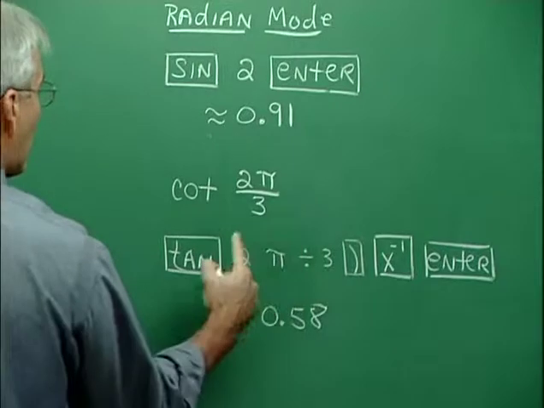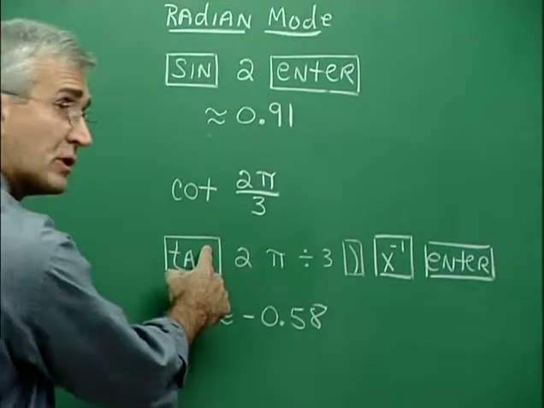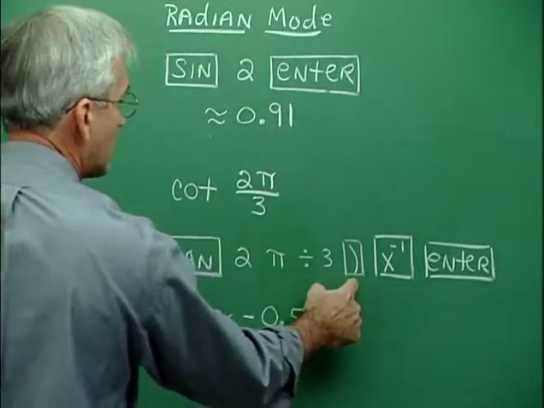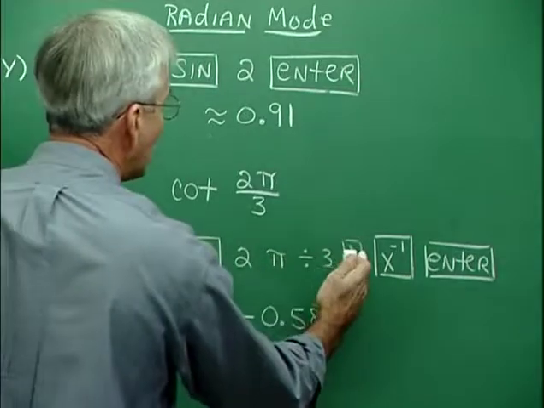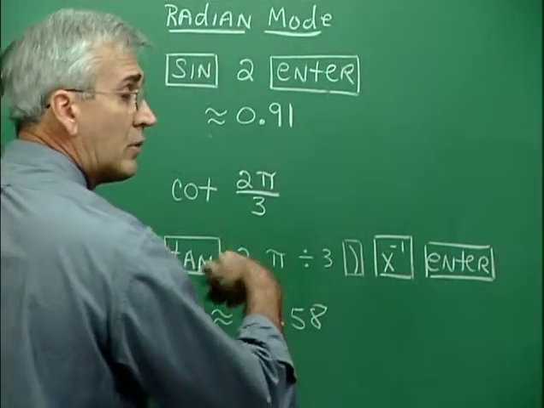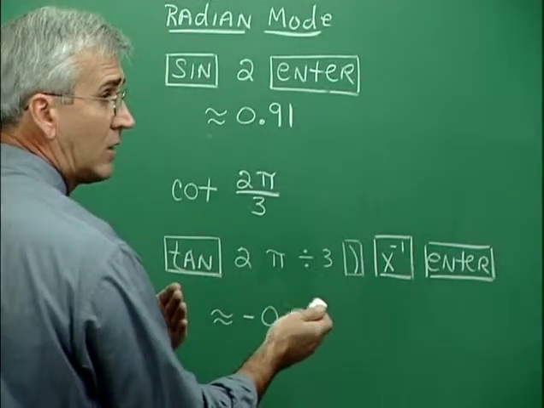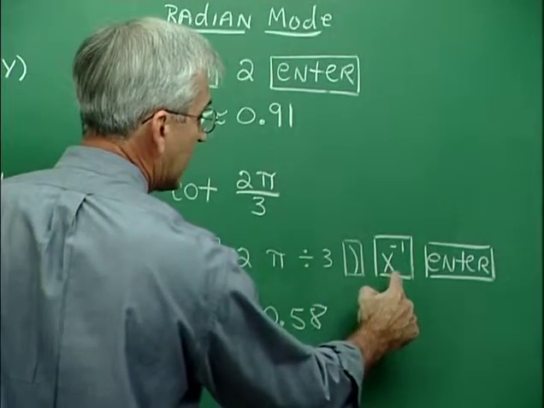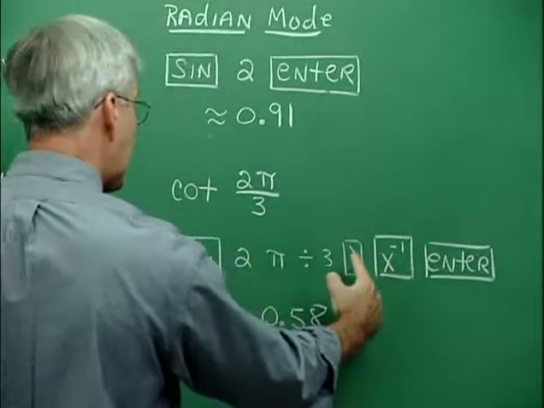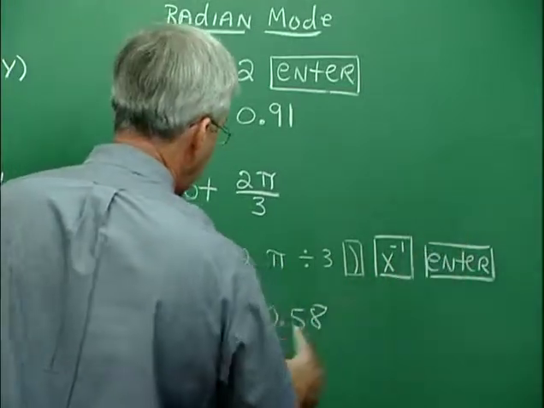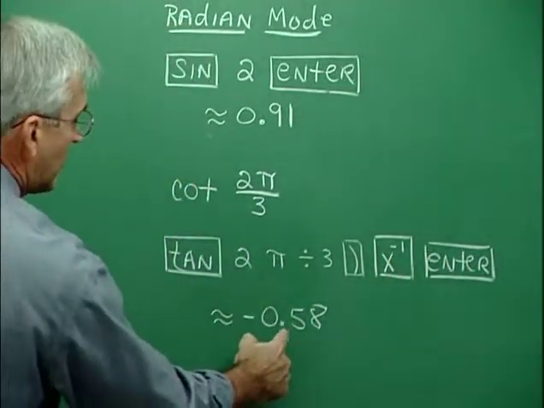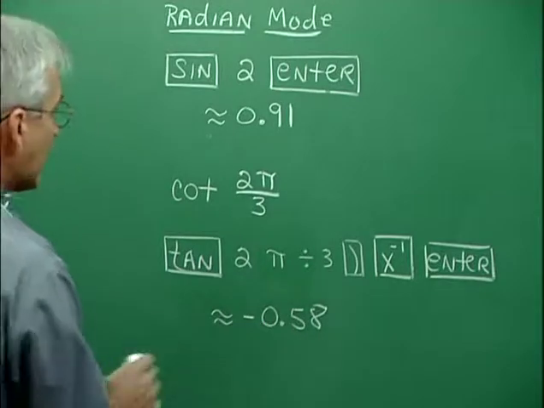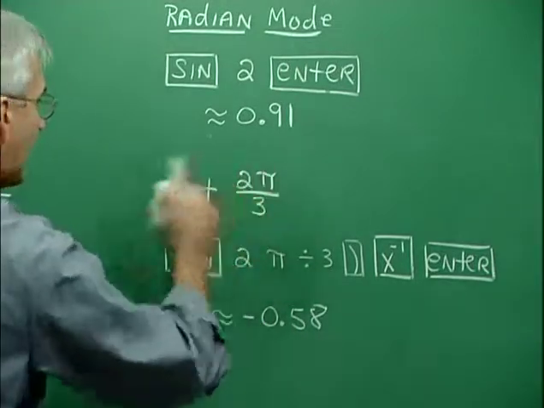This parenthesis was automatically opened when you pressed tangent. Now take the reciprocal of this, which on graphing calculators is generally designated as x to the -1. Press enter, and we have approximately negative 0.58 as the cotangent of that real number.